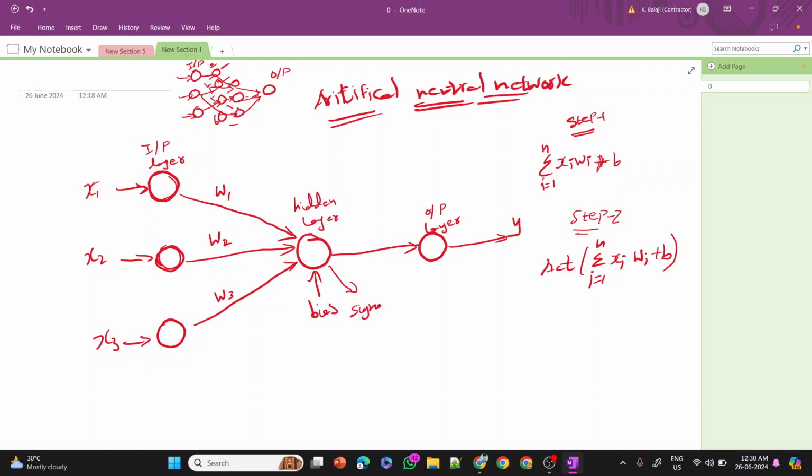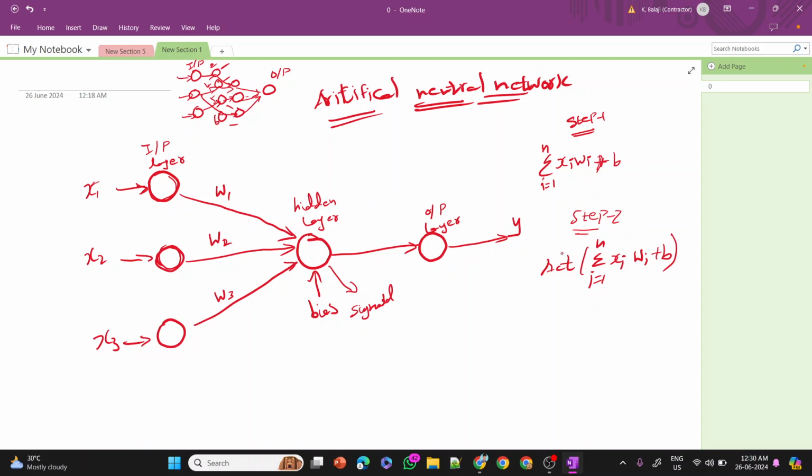There are so many activation functions outside: the sigmoid function, ReLU function, PReLU, and TANH. But for a basic example, we can take the sigmoid function.